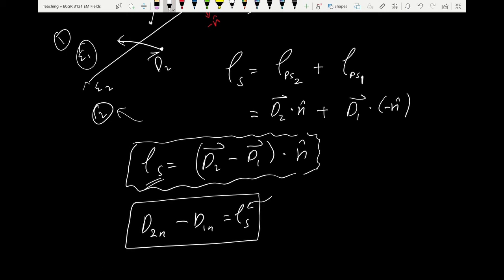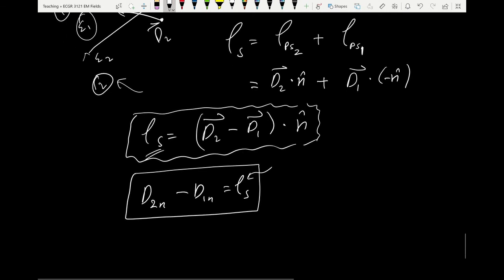Now, when will a surface charge density manifest? That's an extra complication. That will depend on the problem. But you have to always be careful with the normal component. You need to ask yourself, hey, is a surface charge density manifesting? If it is, then there is a discontinuity in the flux density, normal flux density. Right.